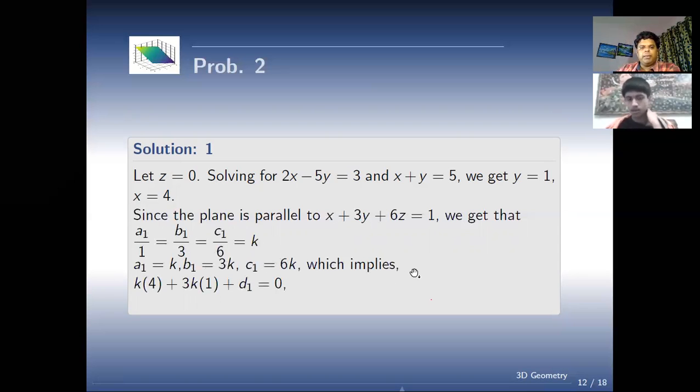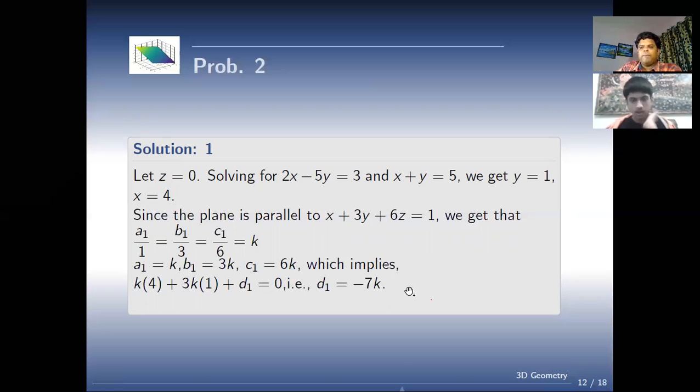Which implies k, which is a1, times 4 plus 3k, which is b1, times 1 plus d1 is equal to 0.